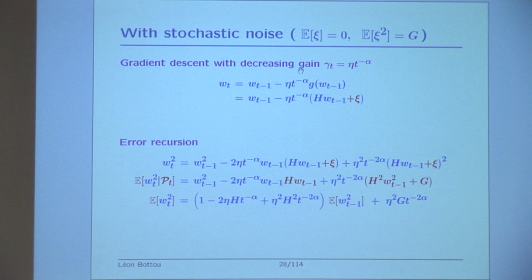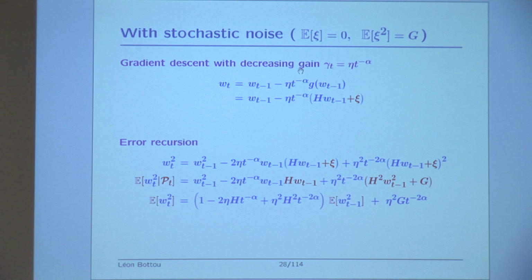Everything else is known. So wt minus 1 is known. Here, hwt minus 1 is the same. But the noise, well, I have the expectation now. It's going to be 0, so it's going to go away. And in that term, I'm going to have the expectation of the noise squared, which is my variance g.